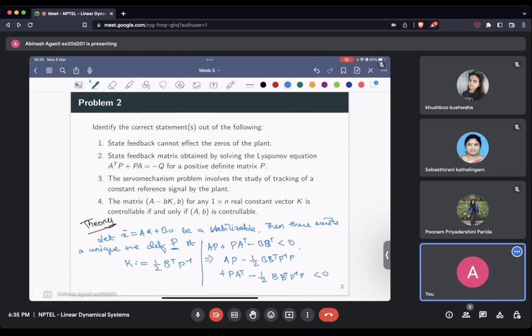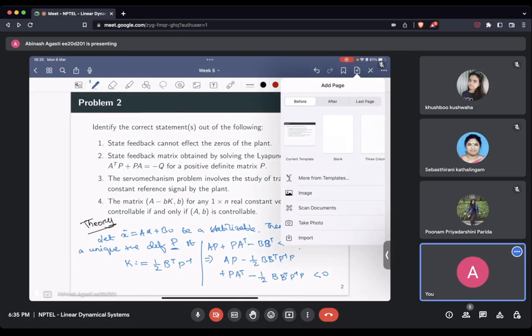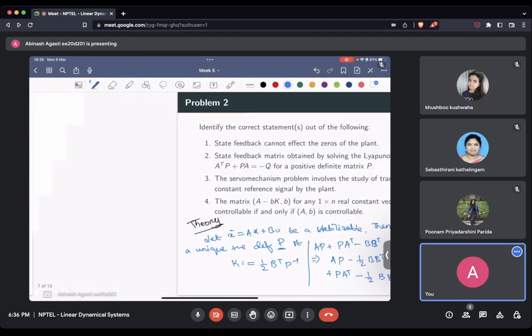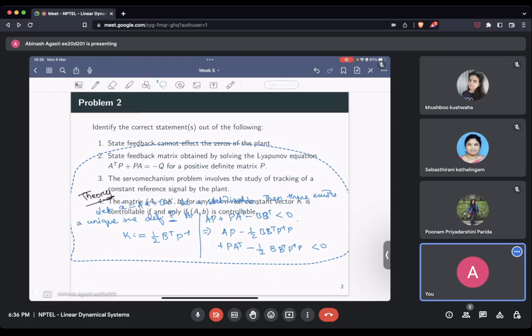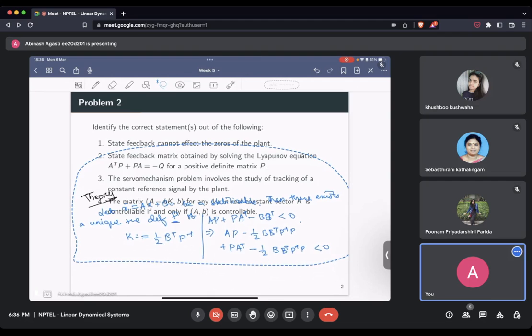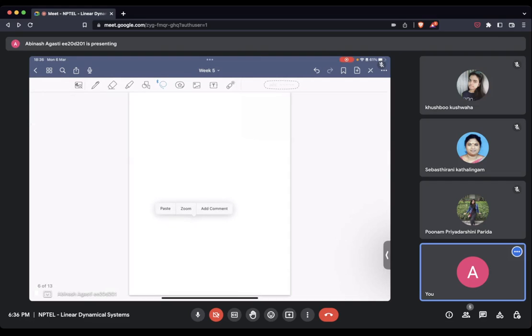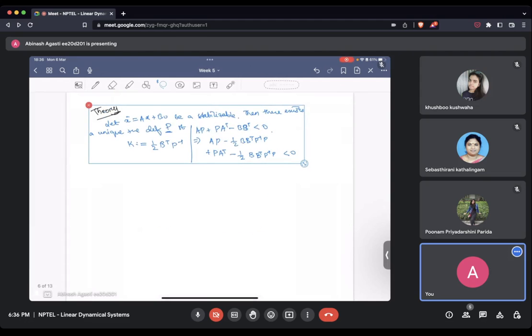Now, we probably need some more writing space. We'll bring this in. Okay, so now we have this, the same thing only rewritten.